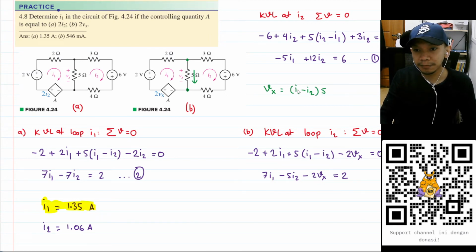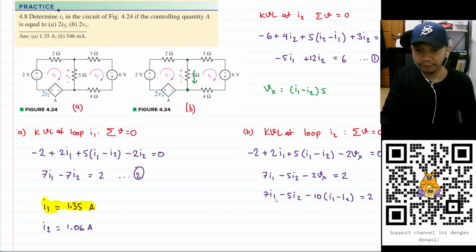So now let's plug this into this equation. So I'll have 7I1 minus 5I2 minus 2 multiplied by 5, that will be 10, times I1 minus I2. So all of that will equal 2.